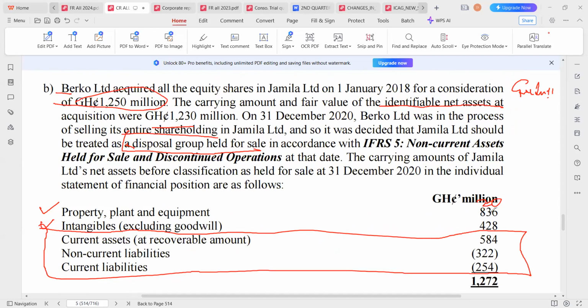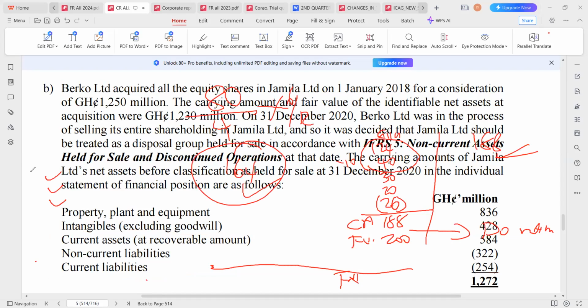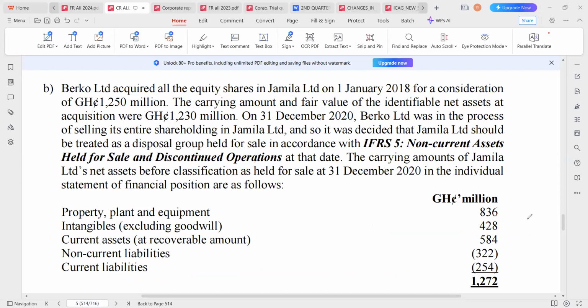The adjusted carrying amount here will be, let me write it here for you. Adjusted carrying amount. Goodwill is what? 20.